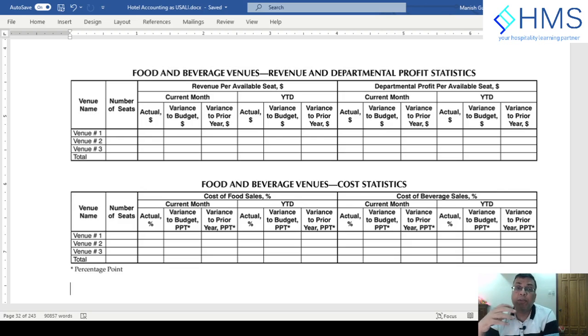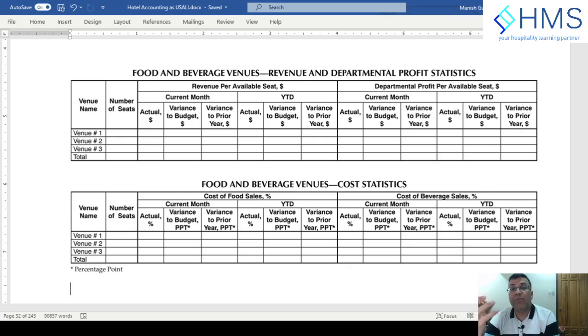So you may be using that, or you may be calculating the departmental profit before using those metrics. You may be putting the directly attributable cost towards the venue, which may be the labor cost, the food cost, and also the other operational cost for each and every location separately, right?